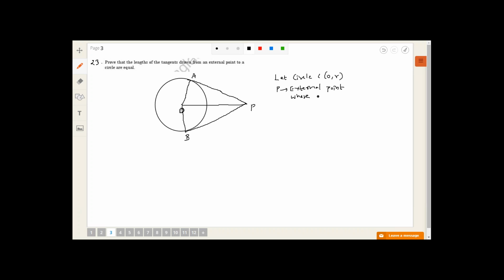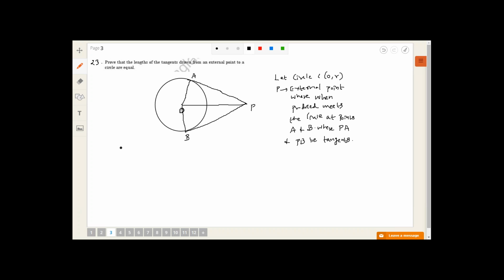From P, the tangents when produced meet the circle at points A and B, where PA and PB are the tangents.